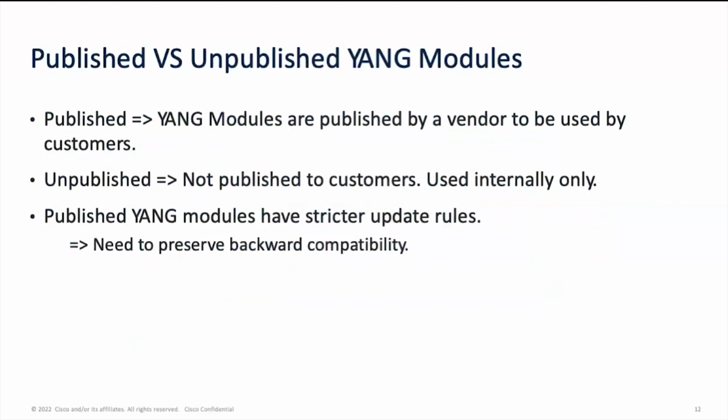In this definition, we're talking about almost the same thing that we mentioned earlier, but we're introducing here published versus unpublished YANG modules. This is a naming that you need to be comfortable with, and you need to know the risks of publishing YANG modules to be used by customers.